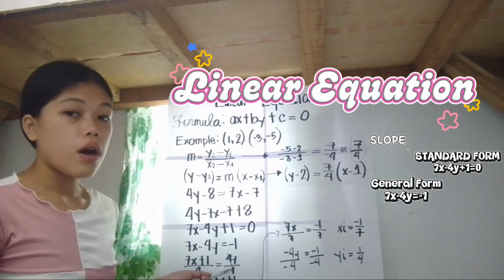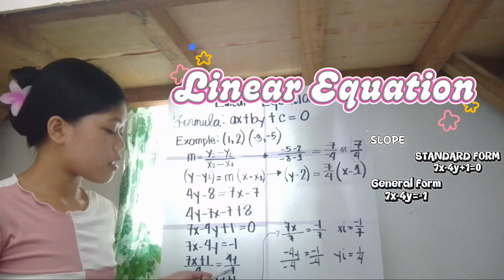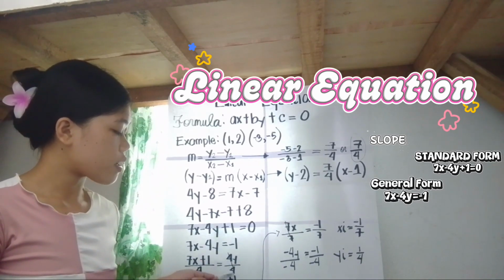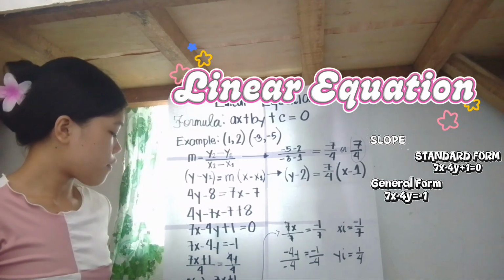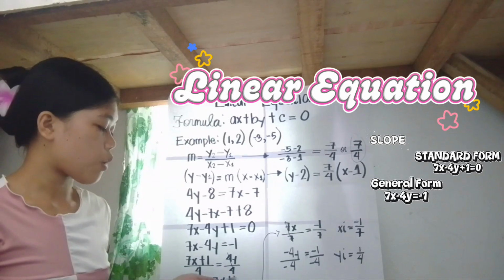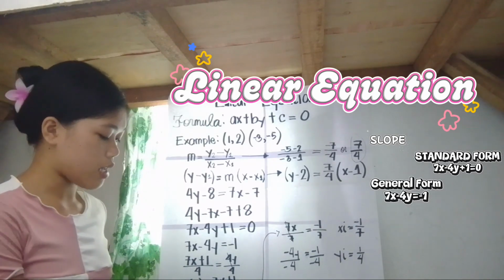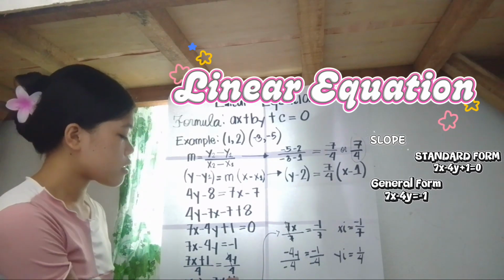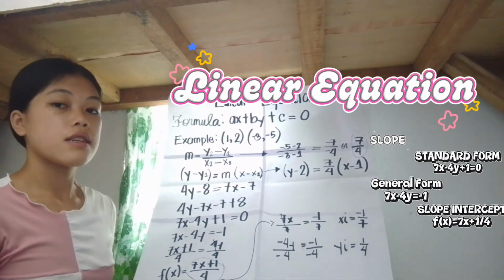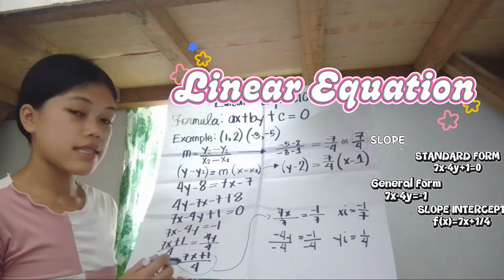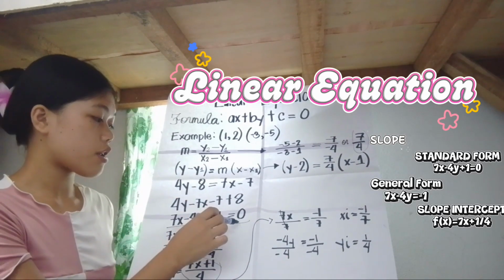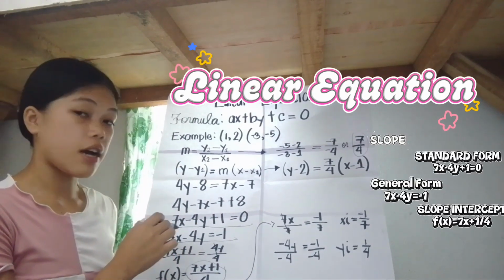We need to cancel out the coefficient of the y variable, so we divide both sides by 4. So we have the slope-intercept form: f of x is equal to 7x plus 1 over 4. So this is our slope-intercept form, along with our standard form and our general form.